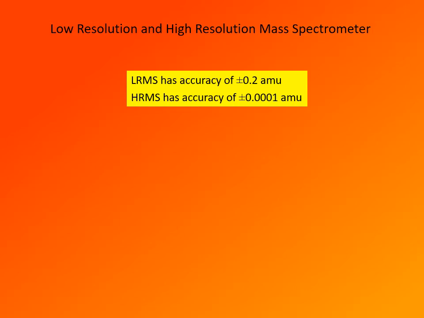That's not needed for most purposes, but it does occasionally become very important, because such high accuracy could allow us to determine the molecular formula of a molecule, if it's the molecular ion, or the molecular formula of the fragment, if it's a fragment in question.